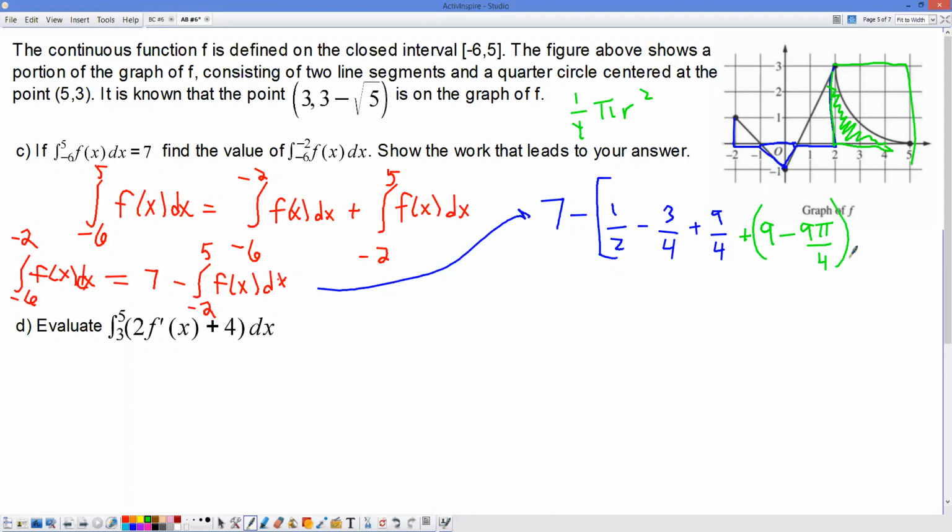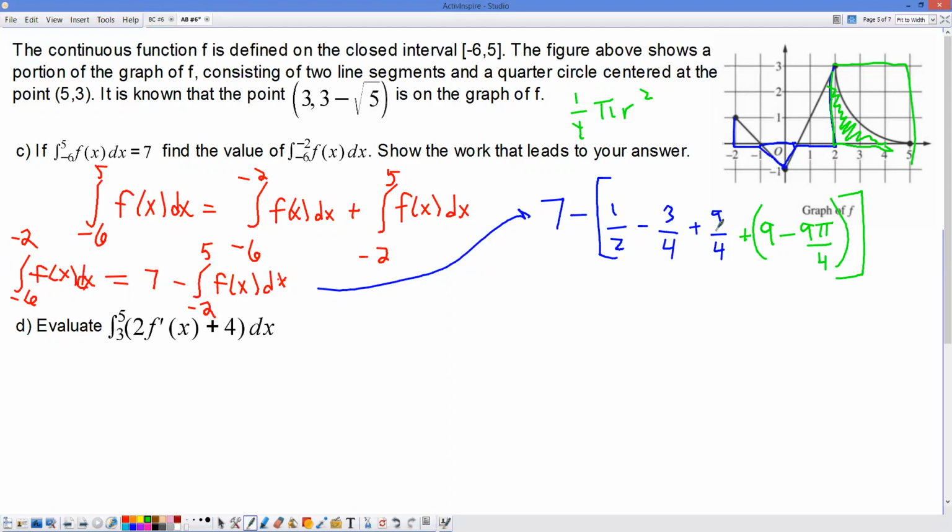Any issues with that? Other than I didn't put my bracket to end it. That answer is an acceptable answer because you don't need to simplify numeric answers on your AP test. But if you desperately want to, 1/2 minus 3/4 is -1/4 plus 9/4 is 8/4.